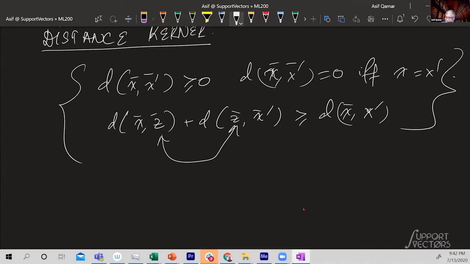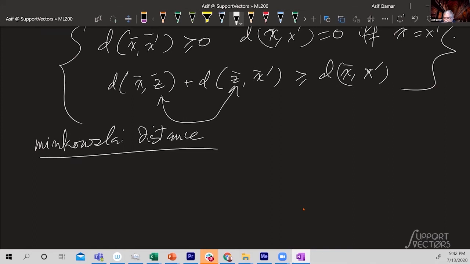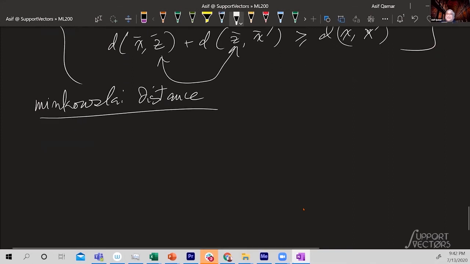Typical distances that we talked about are the Minkowski distance. Just as a recap, there is the norm, the d_n between x and x prime. Let us define delta x is equal to x minus x prime, and the mod of this to be the absolute difference.